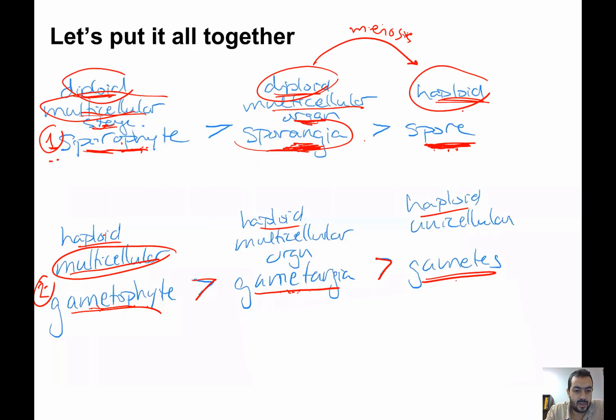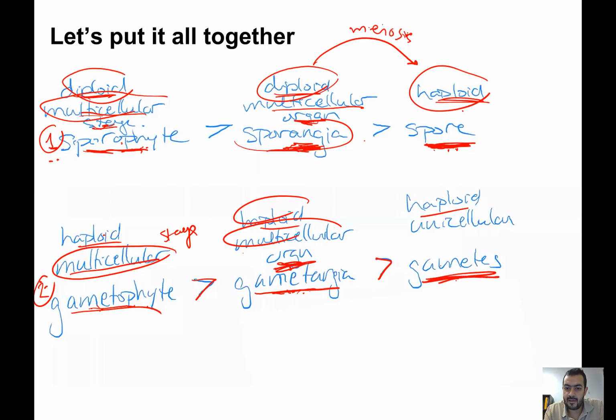So a haploid multicellular structure. Then the gametangia is going to be again haploid multicellular, but this is an organ. It is not a stage like this one. So this is a multicellular stage that includes many organs. The gametangia is just an organ within the gametophyte stage.